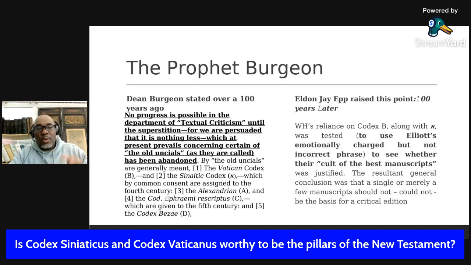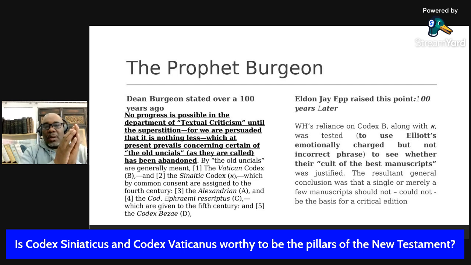You talk about the 5 codices, but the main ones, if you look in Bruce Metzger's textual commentary, Reuben Swanson's text of the Greek New Testament, there is an over-reliance on a minority of manuscripts, which is Codex Vaticanus and Codex Sinaiticus.